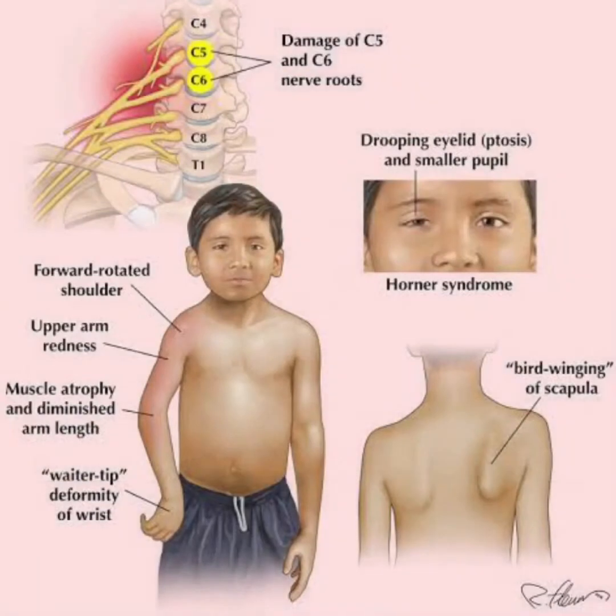The manifestation of this Erb's palsy is known as the waiter's tip. So that is for Erb's palsy. The next clinical correlate that we'll be looking at is Klumpke's palsy.